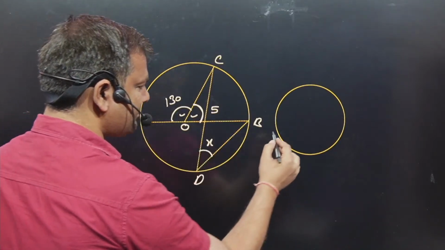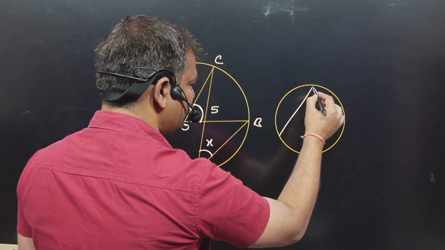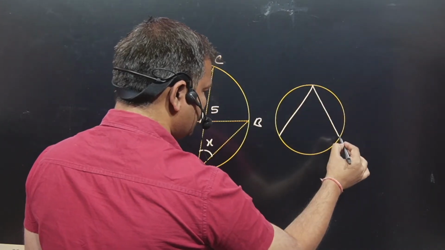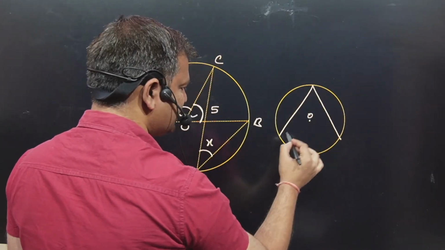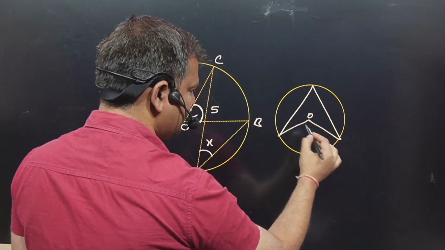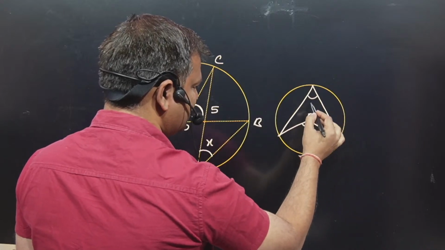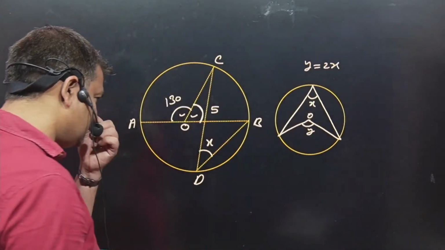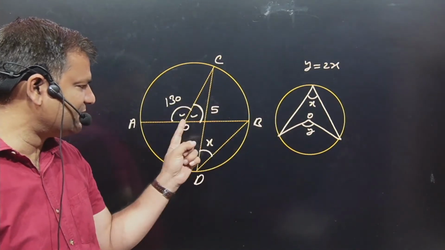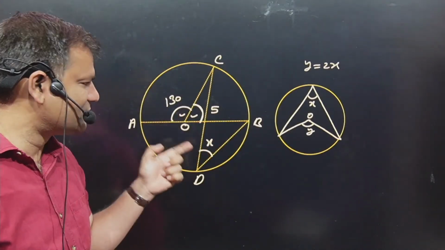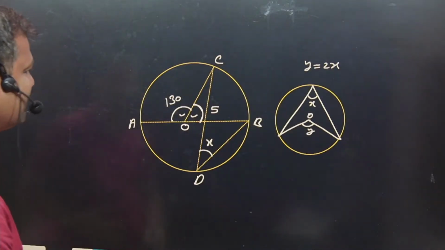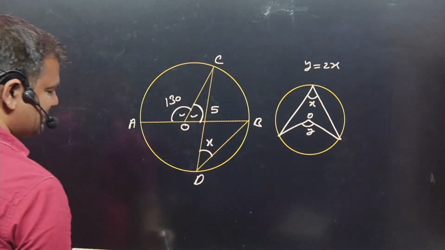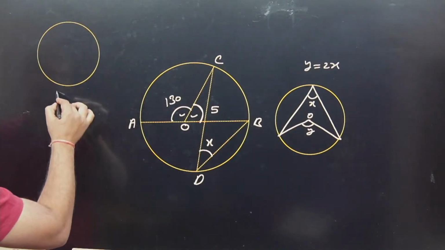If you know O is the center of the circle, and this one is Y, and this one is X, then Y equals 2X. Clear? So you can correlate between these two. If you do not understand, look, make a circle like that one.